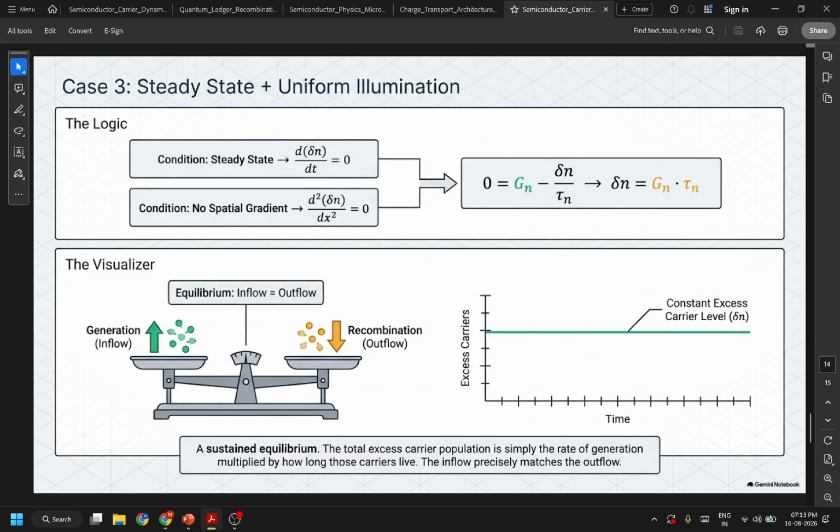So then our delta n is equal to Gn into tau n. So we have a constant excess carrier level delta n, which is equal to Gn into tau n. This is a sustained equilibrium. The total excess carrier population is simply the rate of generation multiplied by how long these carriers live. So the inflow, which is generation, is matched exactly by the recombination outflow.